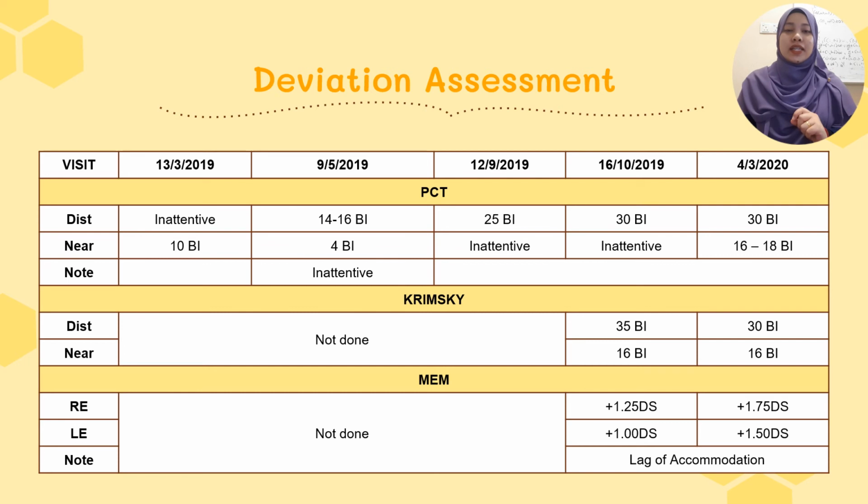Additionally, accommodation response test (MEM) was also performed. This patient has lack of accommodation as the accommodation response for the right eye is plus 1.75 diopter and the left eye is plus 1.5 diopter.